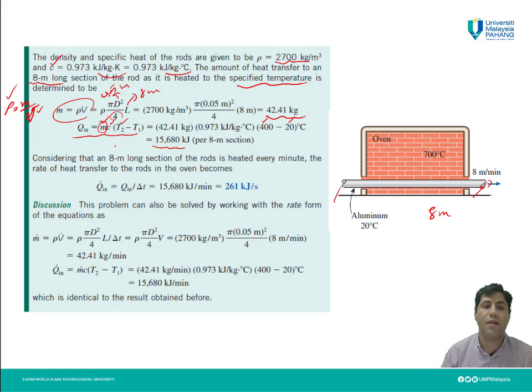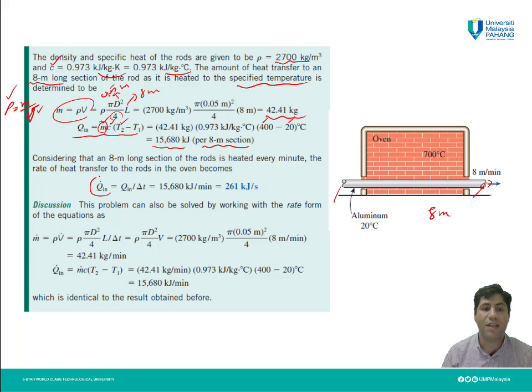Then we find the heat transfer to the aluminum rod per 8-meter section. So for each 8-meter section of this rod, 5,680 kilojoules of energy is transferred to the rod. And this is for 8 meters, and also for 1 minute.